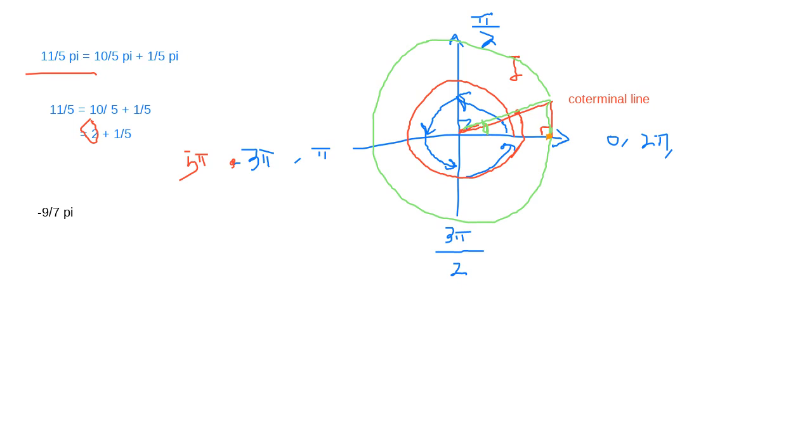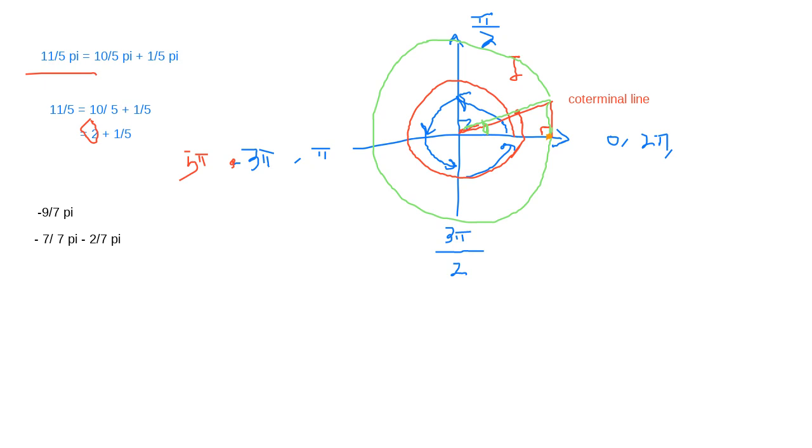A negative 9 over 7 pi can be thought of as negative 7 over 7 pi minus 2 over 7 pi. Let's make sure this makes sense, because we need to figure out which quadrant this angle ends in.